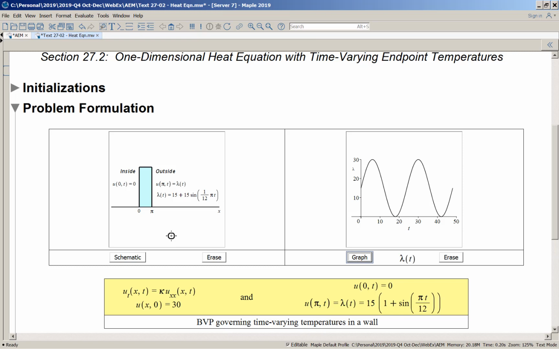Air conditioning has been off. The wall is completely warm. Left end. I come home, I turn the air conditioner on. This wall is immediately and instantaneously at 0 degrees. Well, that's a myth, right? You really need a Robin boundary condition here, but the problem is tough enough as it is. And on the right side, we have this periodic function.